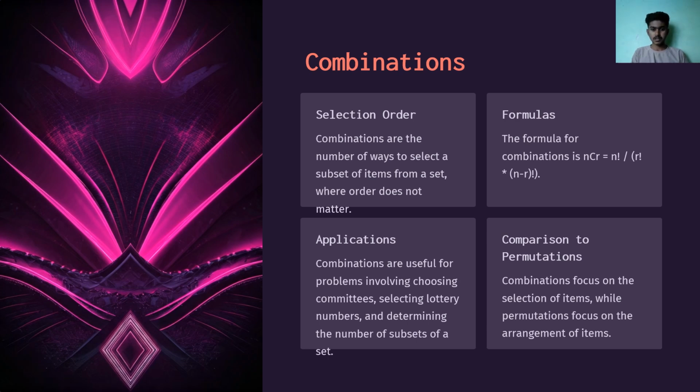Applications. Combinations are useful for problems involving choosing committees, selecting lottery numbers, and determining the number of subsets of a set. Comparison to permutations. Combinations focus on the selection of items while permutations focus on the arrangement of the items.